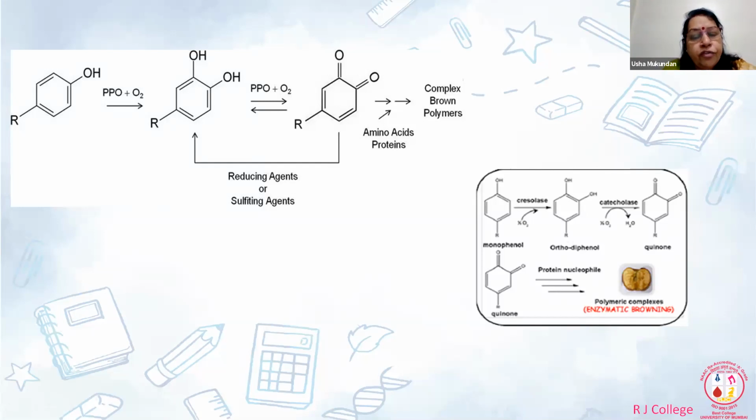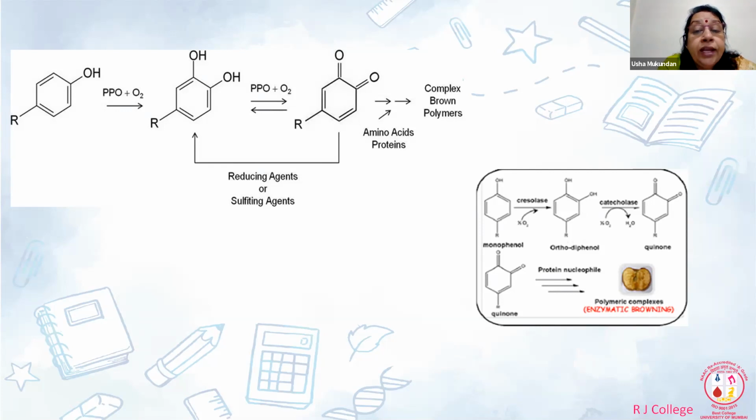So basically what you have to remember is that polyphenols are oxidized to form quinones by the enzyme polyphenol oxidase. Very important: for the functioning of this enzyme, you require oxygen. If oxygen is not there, the enzyme will be non-functional.